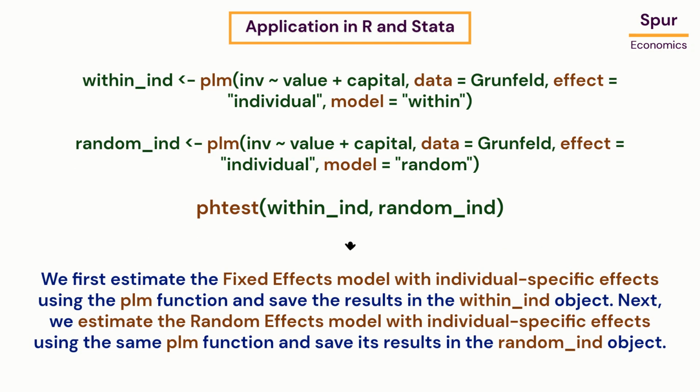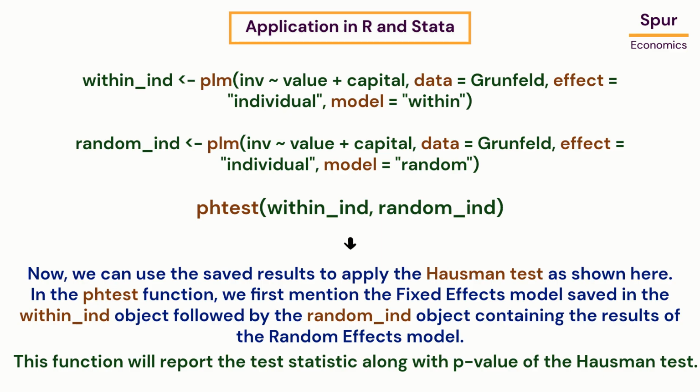In the commands shown here, we first estimate the fixed effects model with individual specific effects using the plm function and save the results in the within-ind object. Next, we estimate the random effects model with individual specific effects using the same plm function and save its results in the random-ind object.